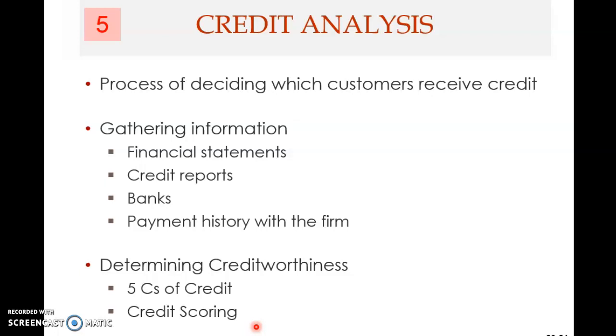You can sell on cash basis but not on credit basis to those customers. So that's called credit scoring. We look at the 5 C's. There are not many examples in the textbook about credit scoring. They explain about the concept of credit scoring. So you can read the textbook for more information about this.